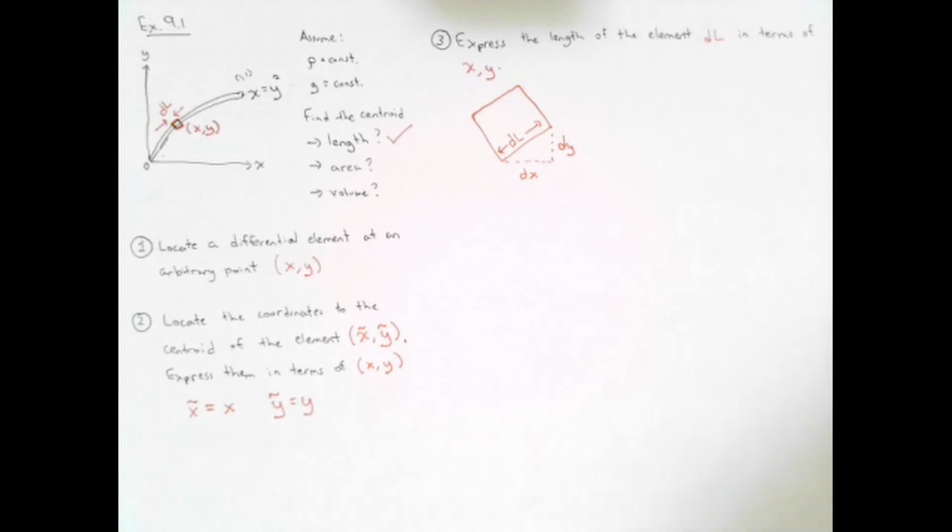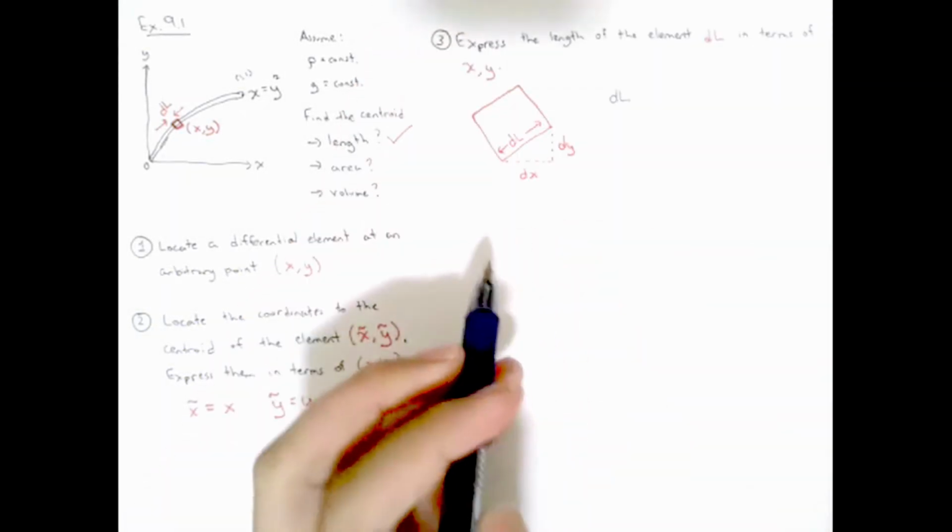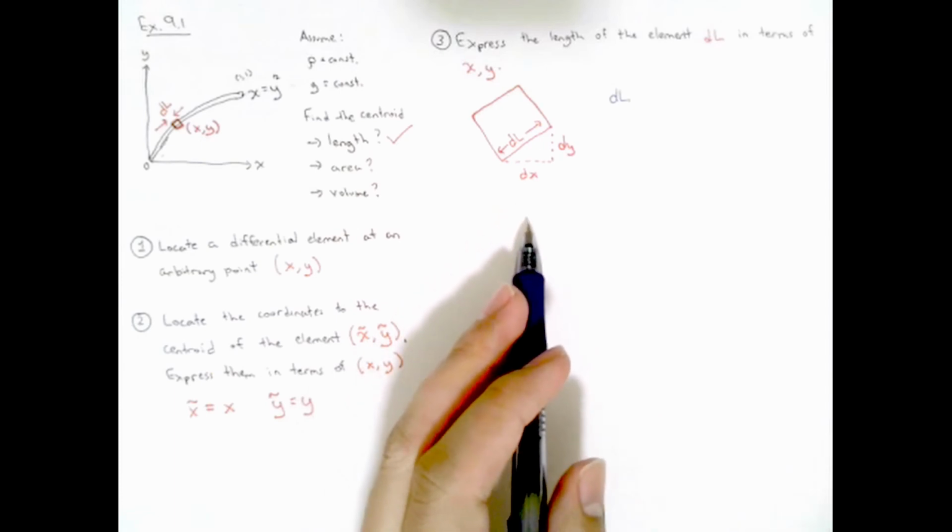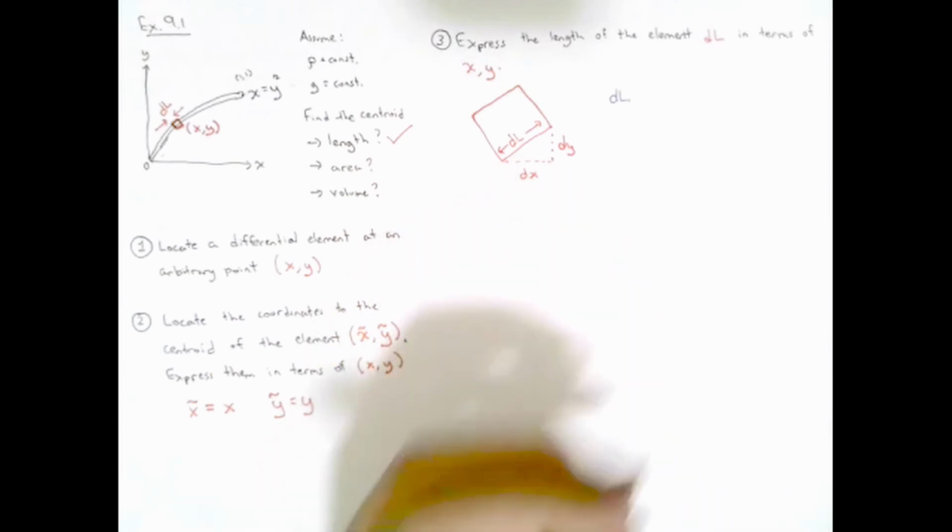So given this information, how do you think we can express dl as a function of dx and dy? What do you think? Exactly, the Pythagorean theorem, right? We have what's essentially a right triangle, and because we have a right triangle, we know that dl should be equal to the square root of the sum of the squares of the two sides.